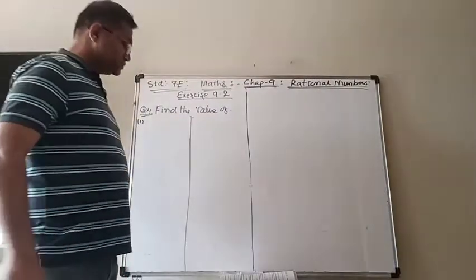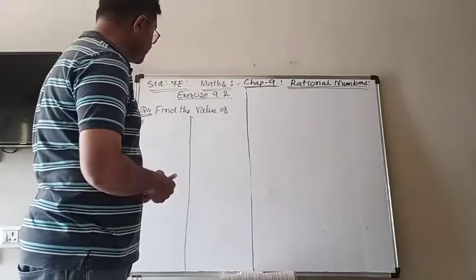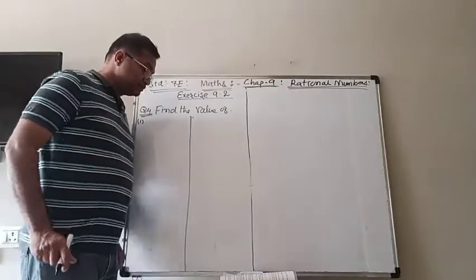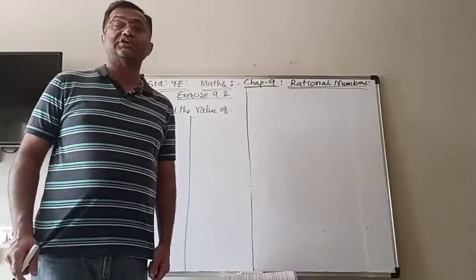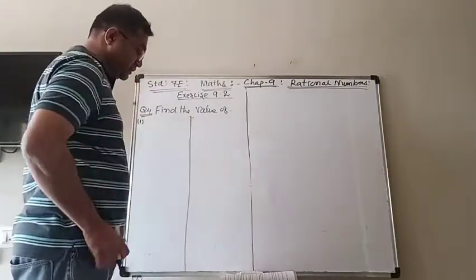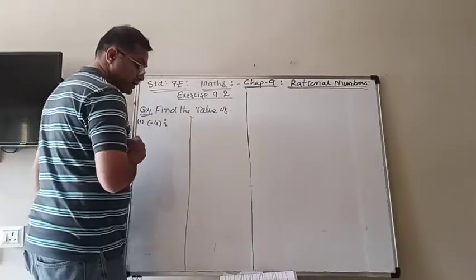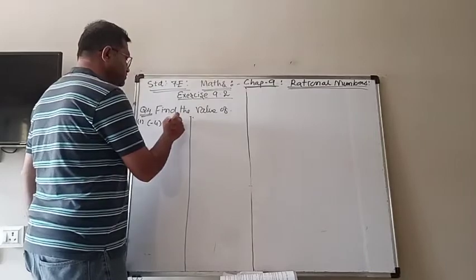Now, the last question. Find the value of. So here there are some examples for the division. So let us understand that one. Minus 4 divided by 2 upon 3.